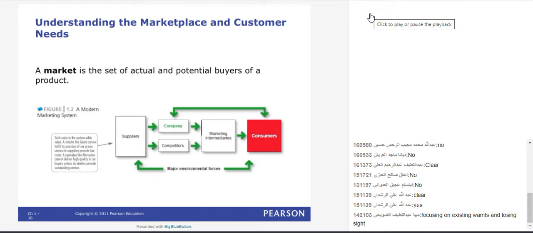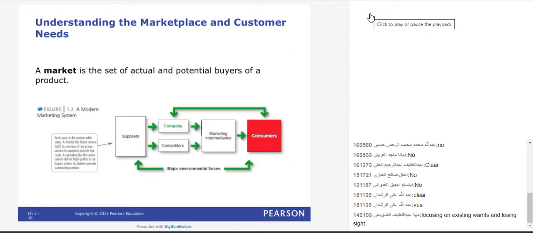Each party in this market system adds value to the next party. So they should interact together. They should support each other in order to make the marketing system function. This is the market, a set of actual and potential buyers of a product. Here it is the consumer.